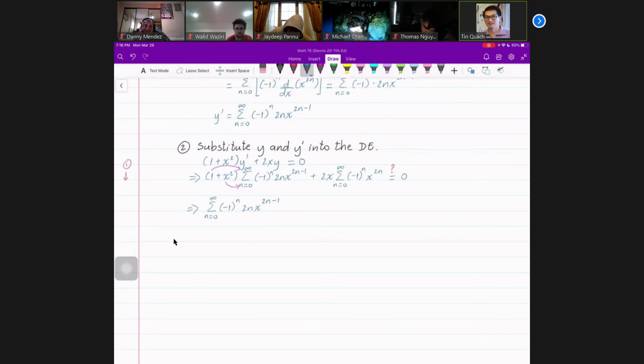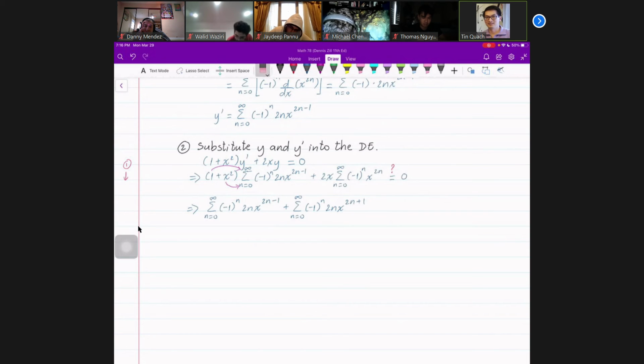And then x squared times that: you have x raised to the 2n minus 1 times x squared, so you just add the exponents. It's 2n minus 1 plus 2, which gives you 2n plus 1.